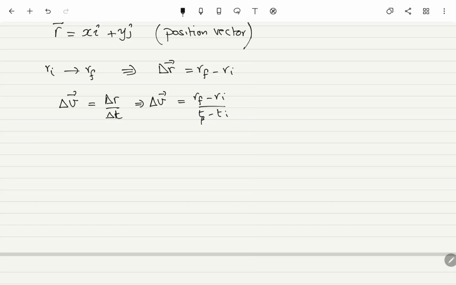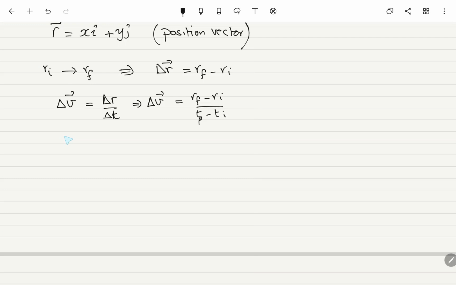And again, the instantaneous velocity is equal to the limit of delta r over delta t as delta t goes to 0, or the first derivative of r with respect to time t.